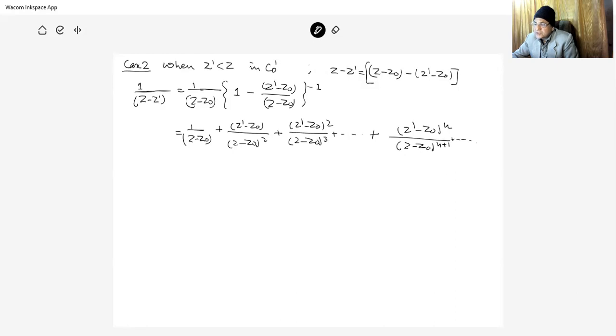And this is nothing but 1 upon z minus z dash.